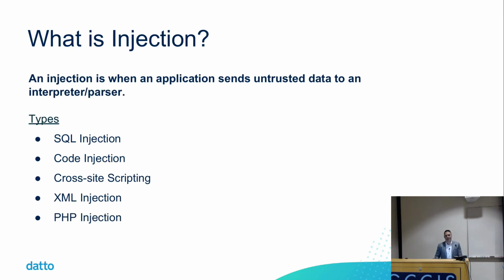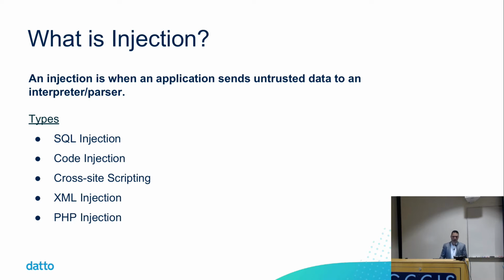Start off right at the beginning. What is an injection? There's tons of different kinds. The attack is when some sort of application allows you to send untrusted data to an interpreter or a parser. So something that allows you to take some malicious data and turn it into something very fun, like an RCE, or even SQL injection.